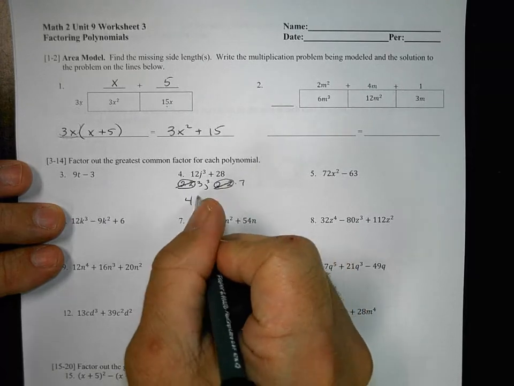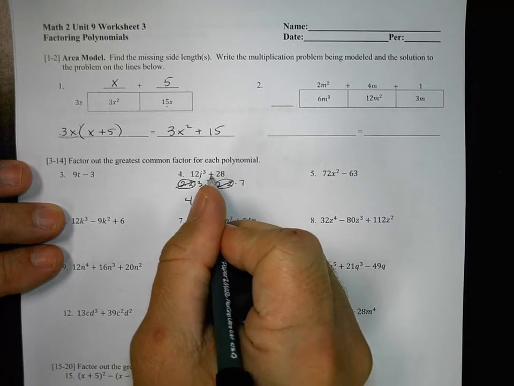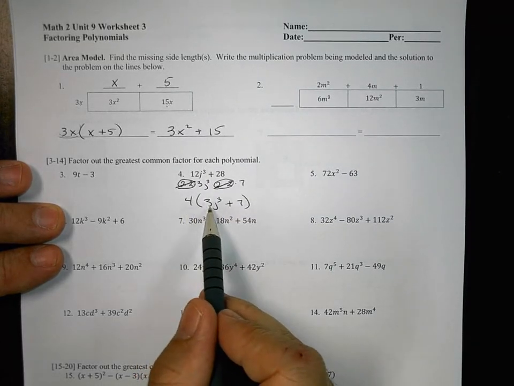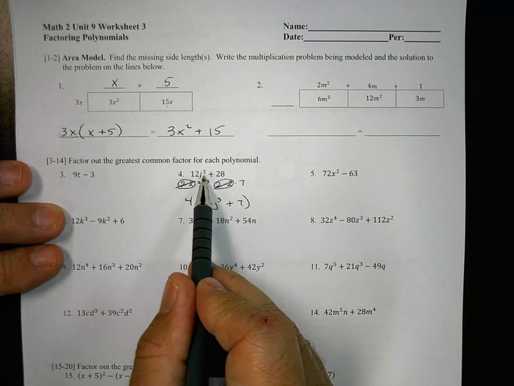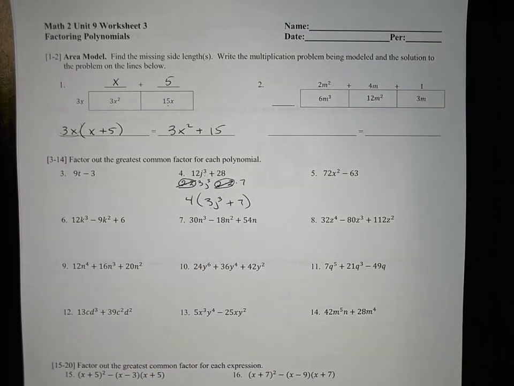If we take those out, what's left? 3j to the third plus 7. Check your work. 4 times 3j to the third is 12j to the third, and 4 times 7 is 28. Okay? Now, the better you are at multiplying, the easier this gets.